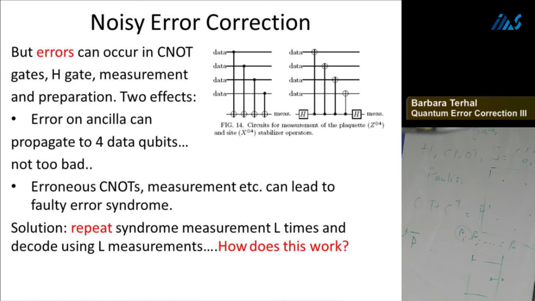So one effect is that we generate more errors on the data. The other effect is that the syndrome may not be the correct one. It's a faulty error syndrome. So the solution is just to repeat the syndrome. You'd like to use a repetition code where you want to know for sure that the syndrome bit is reliable. So how does this work?